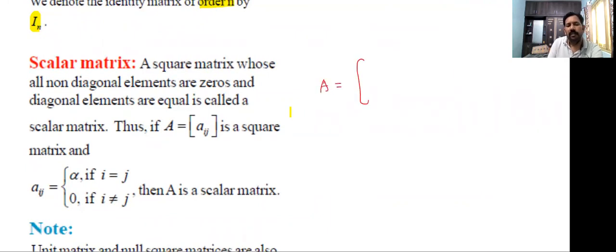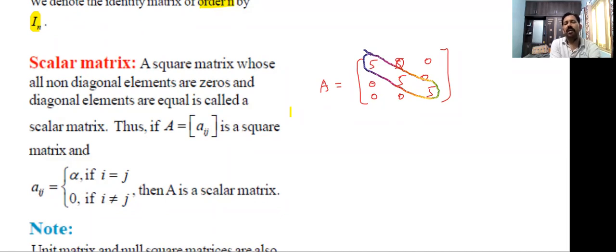See, 5, 0, 0, 0, 5, 0, 0, 0, 5. See here, the principal diagonal elements are all equal to some scalar. A unit matrix is also a scalar matrix only. The principal diagonal elements are equal to a scalar; when all elements are equal to 1 we give it a separate name, that is the identity matrix.